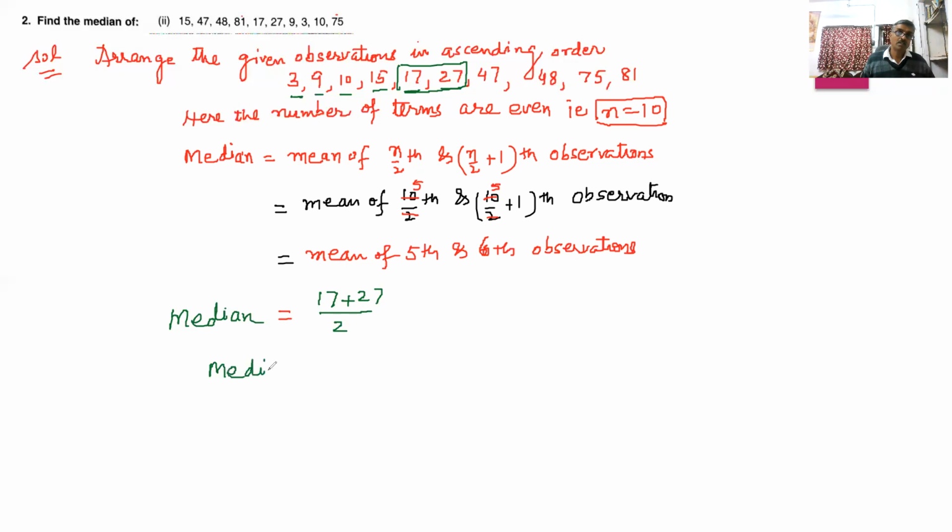Therefore मीडियन इज इक्वल टू, दोनों को ऐड कर दो बेटा, कितना आ जाएगा जी? 44. 44 by 2, कितना आ जाएगा जी? 22. Therefore median is equal to 22.